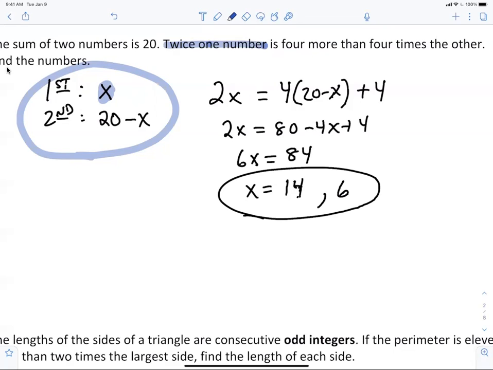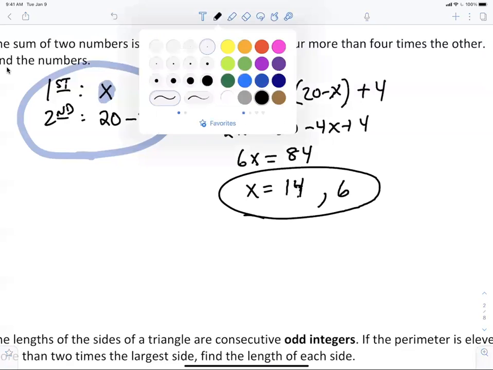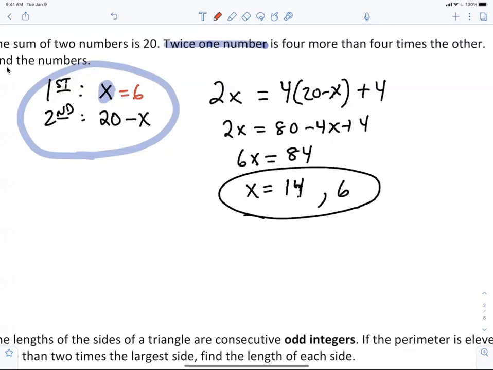I do this. How did I get what? Well, if X is 6, look over here now. If X equals 6, how do I figure out the second number? If it says one number is 4 more than the other number, wouldn't it be like 4 more than 4 times. Wouldn't it be like -4 from the... No. It's 4 more than 4 times the other.